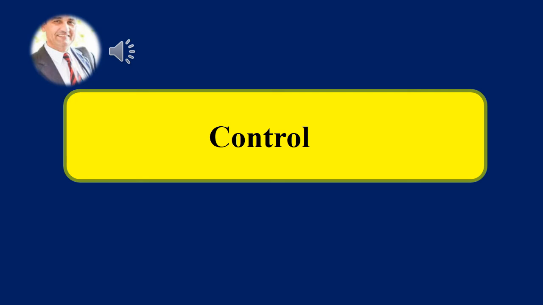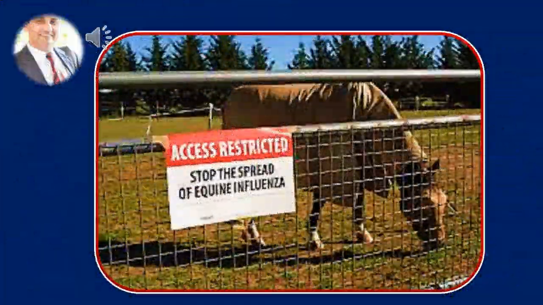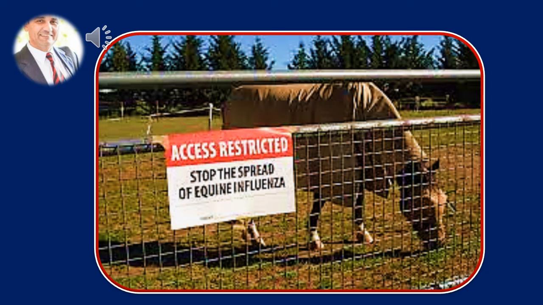Control of equine influenza. The most important step in control of equine influenza is the application of quarantine by preventing entrance or exit of equines from infected areas to other areas.